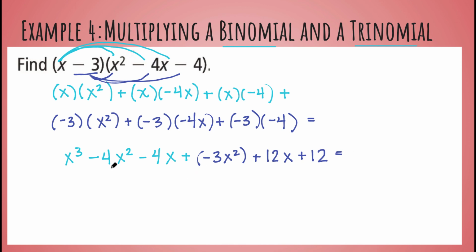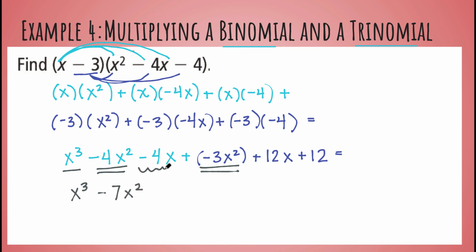Last step, I'm going to collect like terms. There's no other cubed terms except for this x cubed, so I have x cubed by itself. Here's an x squared, and I also have an x squared here. So when I combine negative 4x squared and negative 3x squared, this is a negative 7x squared.